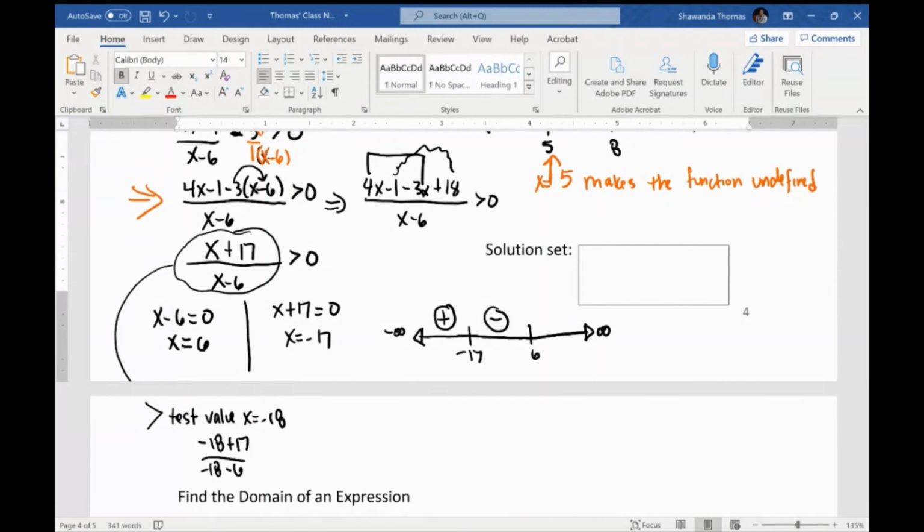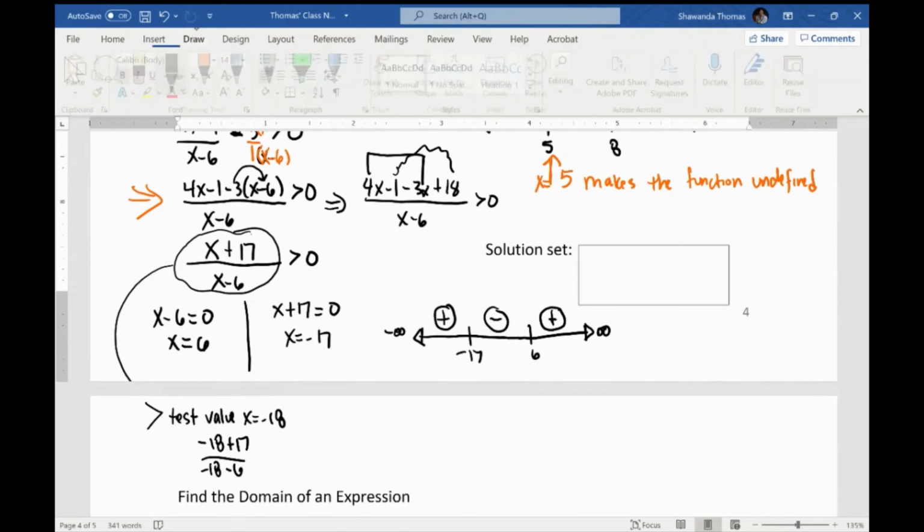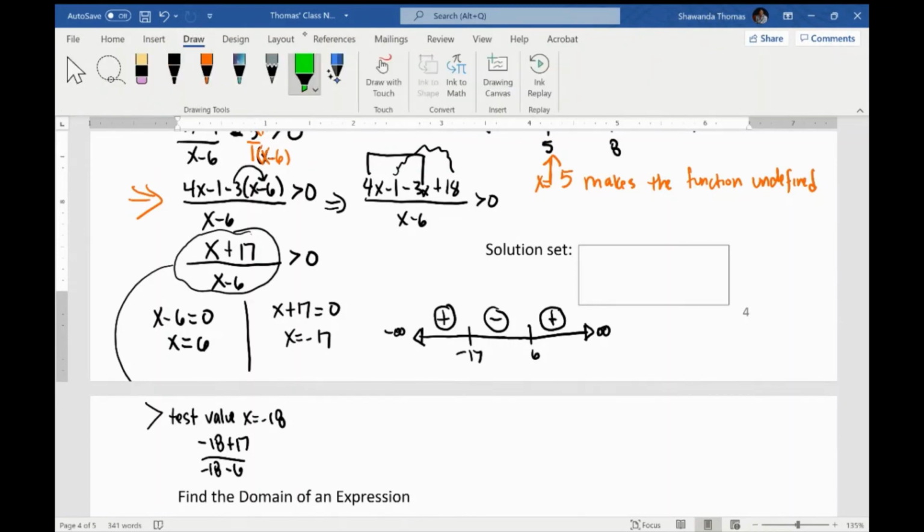Positive. Y'all notice that you start with a positive, go to negative, and then it goes to positive. It normally does. Some rare cases, it doesn't do that though. So I want you to always test.